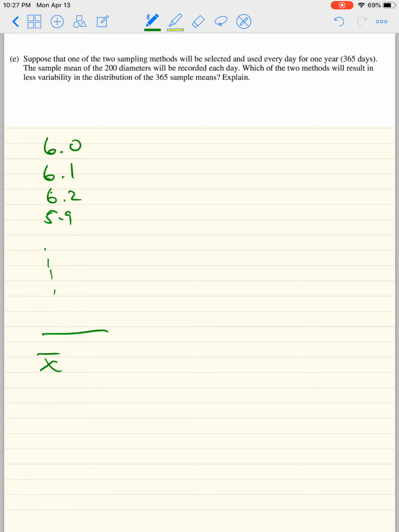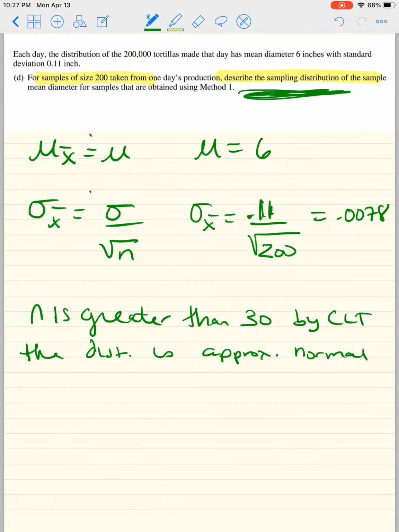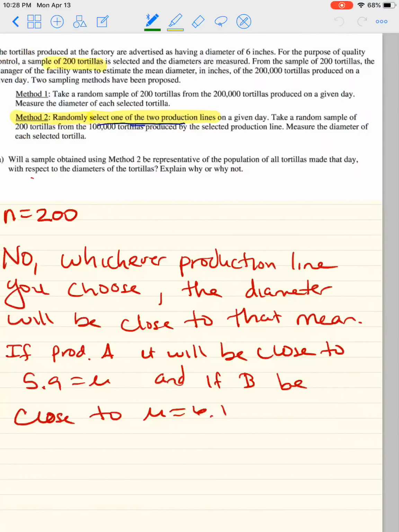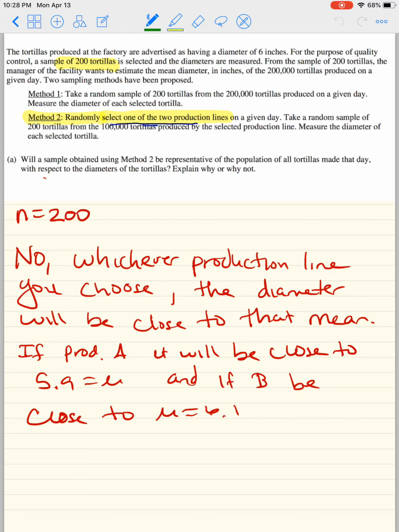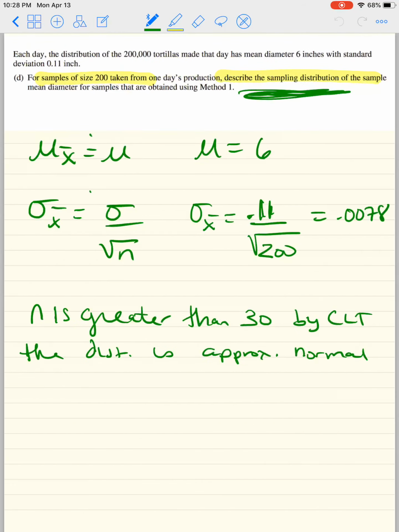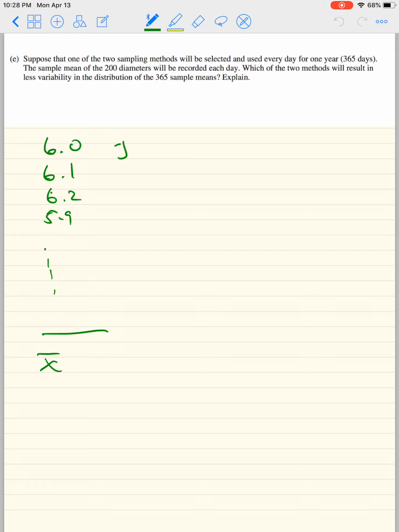Method 1 results in less variability in the sample means over the 365 days, because with method 2, roughly half of the sample means would be around 5.9 inches and the other half around 6.1 inches. I hope that makes sense. Remember, method 2 says select one of the two production lines. Let's say January 1st, you picked production line A, and January 2nd, you chose A again randomly.